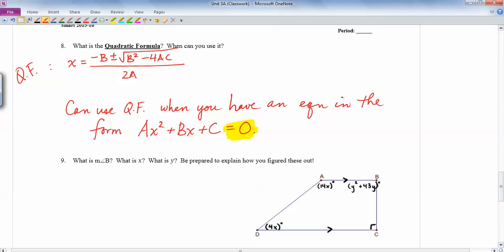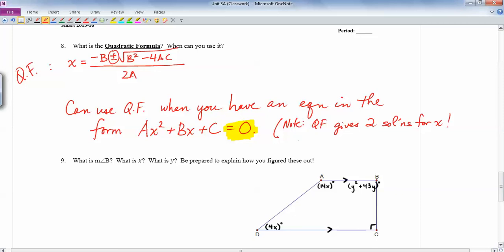Now, note also there's a plus and a minus, right? So you have to do those two things separately when you're calculating them, and you actually get two answers. So note, the quadratic formula gives two answers, two solutions for x. Now, if this was just a pure algebra class, you put both solutions in a box and you're done.